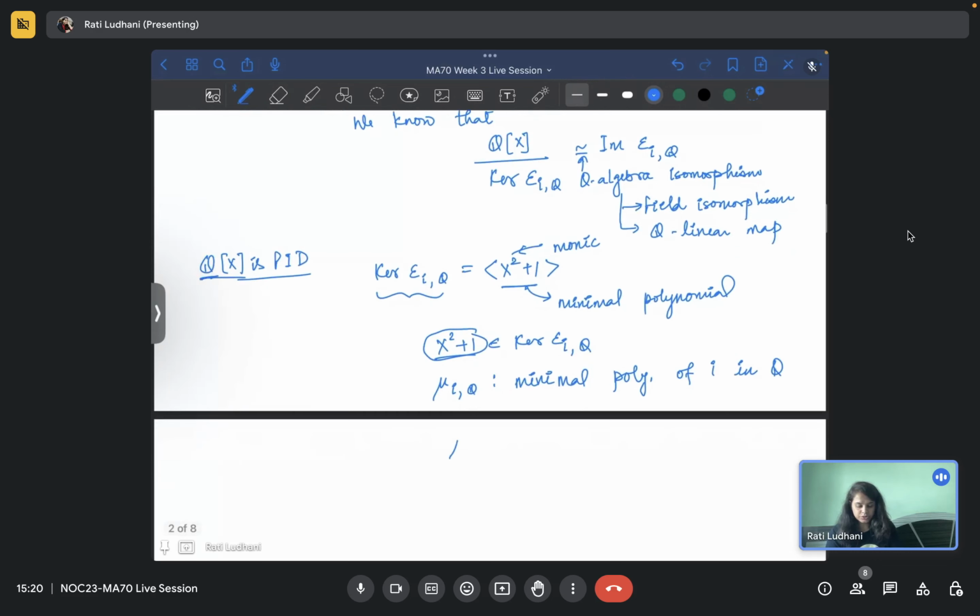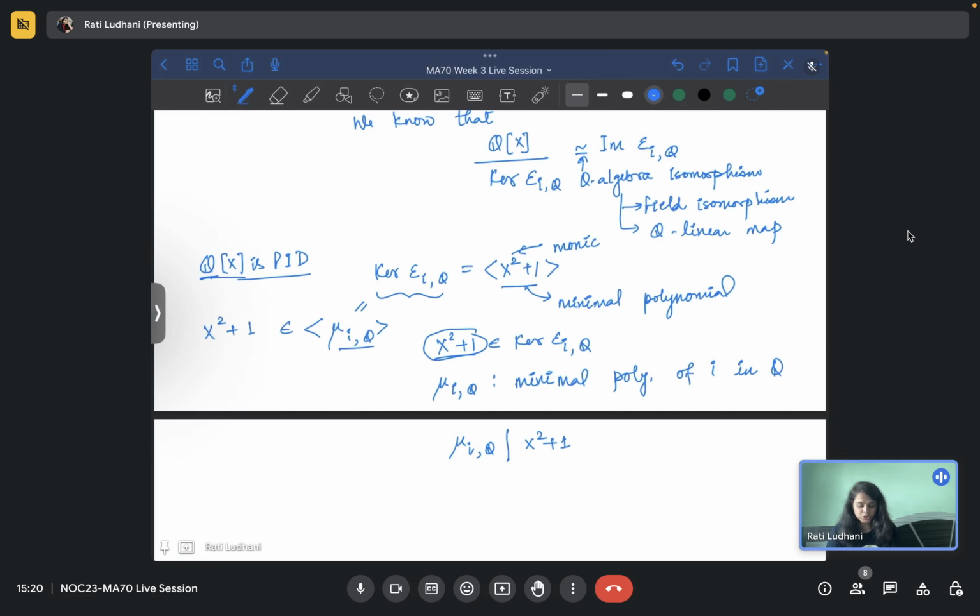Now what should happen if this is your minimal polynomial? It should divide x square plus 1 because x square plus 1 is in the kernel. So we know that this kernel should be generated by mu iq. So mu iq should divide x square plus 1 because x square plus 1 belongs to this set.